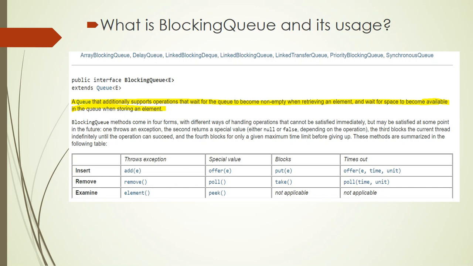And the same while retrieving: if the collection is empty, then it will wait, and that happens with the inbuilt methods that are provided, like poll and peek, which are special operations for blocking queue. This is a very tricky question. You should go through all the implementations of blocking queue and provide at least a couple of examples like ArrayBlockingQueue, LinkedBlockingQueue, DelayQueue.